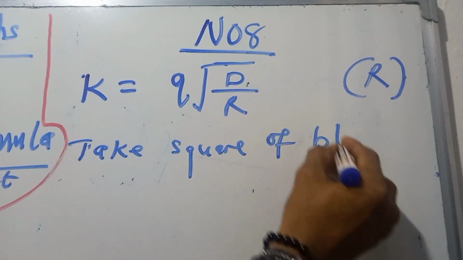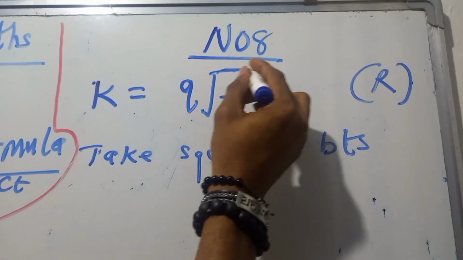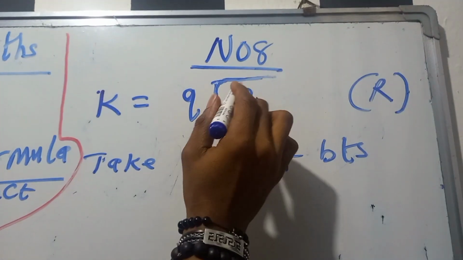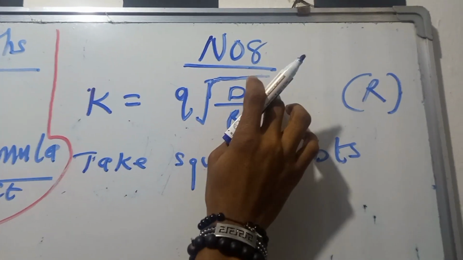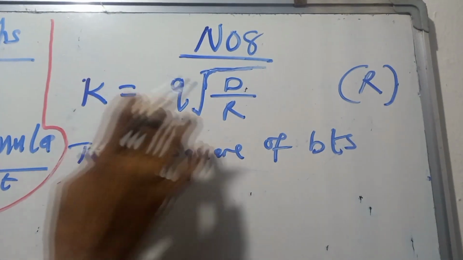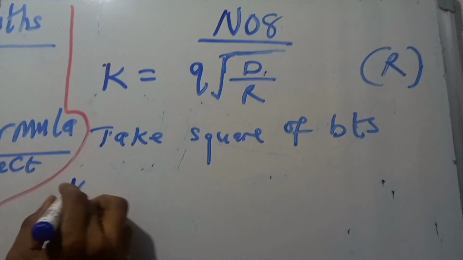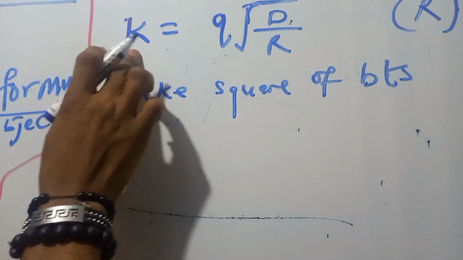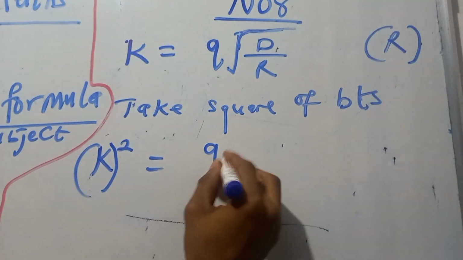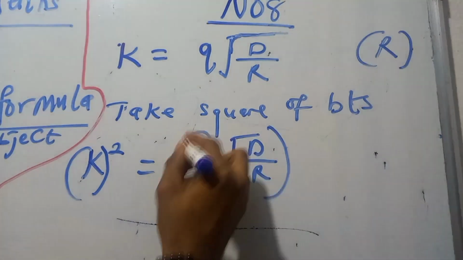The reason I'm taking square of both sides is because there's a square root here, and for me to eliminate this square root, I have to find the square. The square will cancel the square root, but it affects the other side because the operation affects both sides. So k square equals q square root d over r, squared.